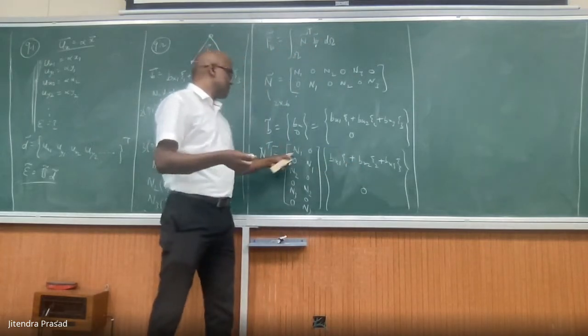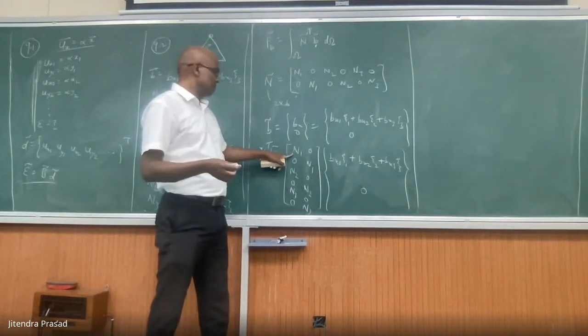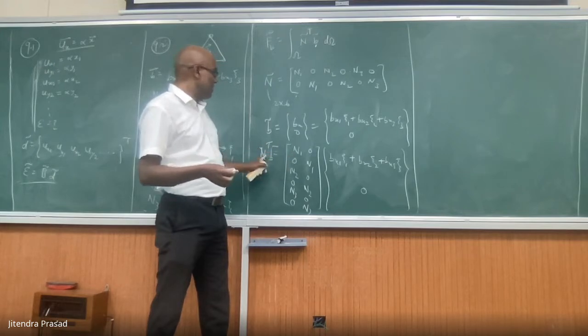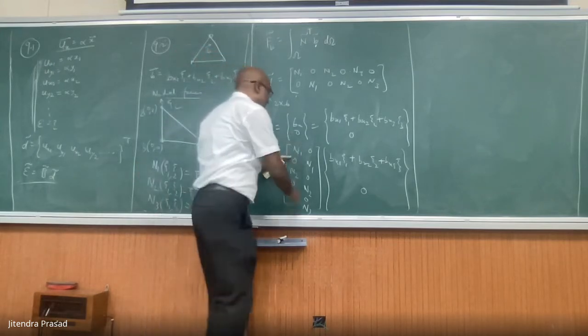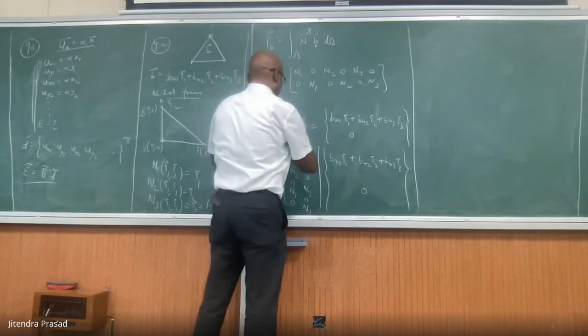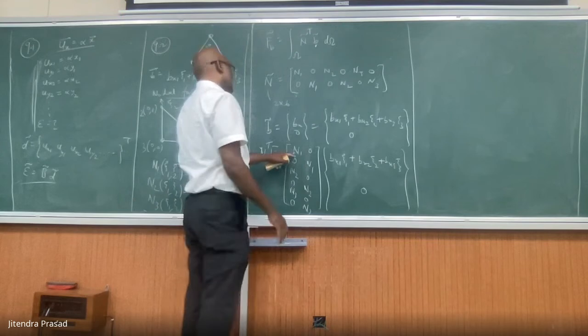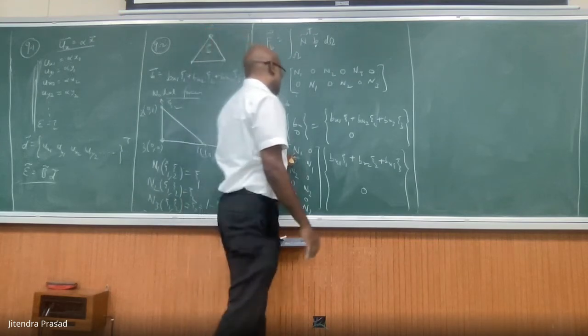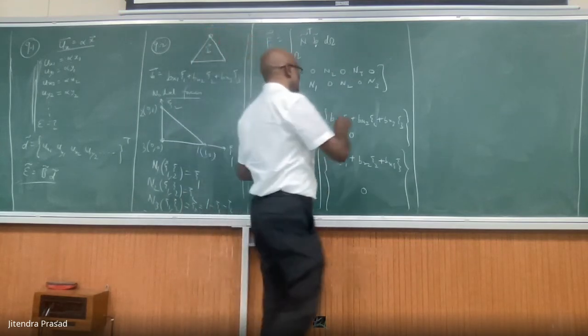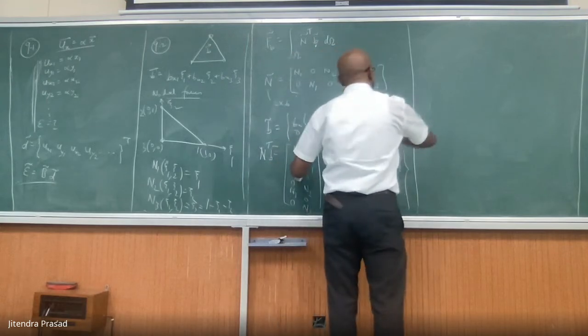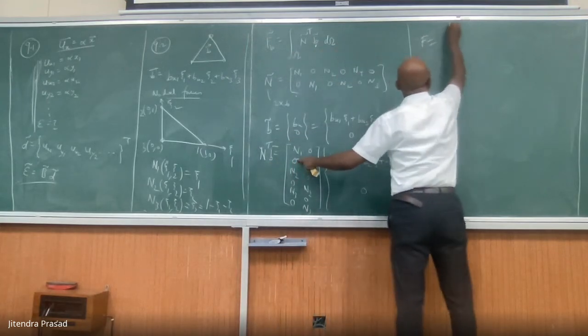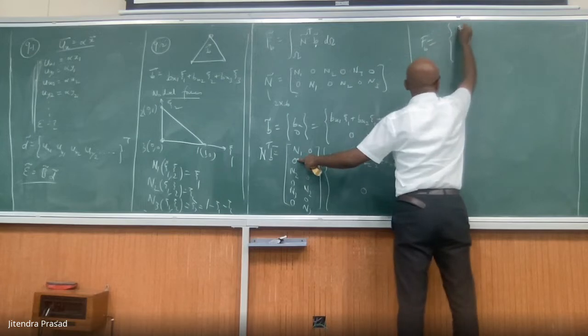So we have this multiplied by this, multiplied by this, and so on, right? So what will we get? The force will automatically have some value.